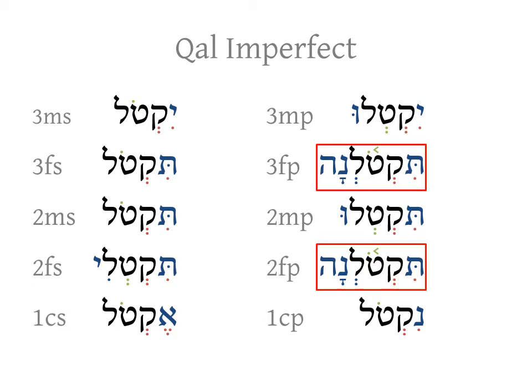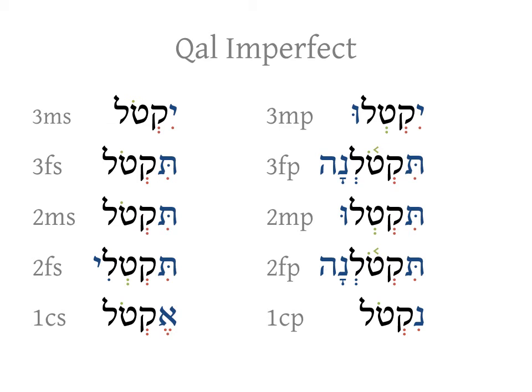Similarly, the third and second feminine plural are identical, tiktolna and tiktolna. These forms are actually some of the least common in the paradigm, and again, usually context will help us be able to tell whether they are doing it or you are doing it, in both cases talking to a group composed solely of women. Remember, if we have a group of men and women, the masculine forms will be used.